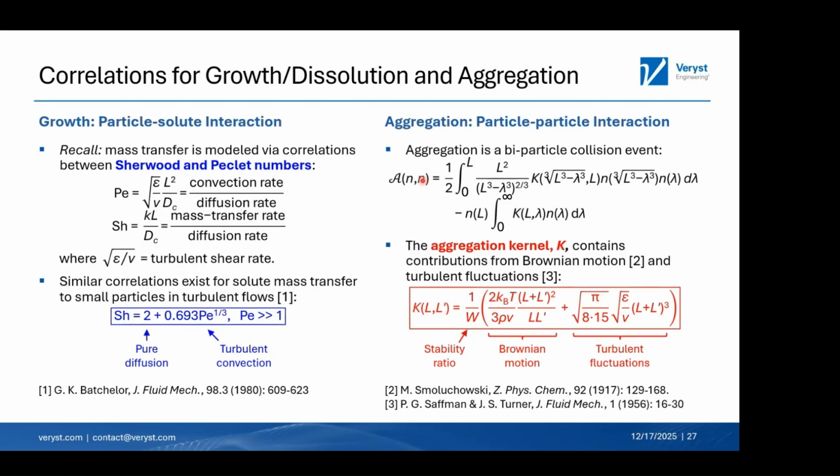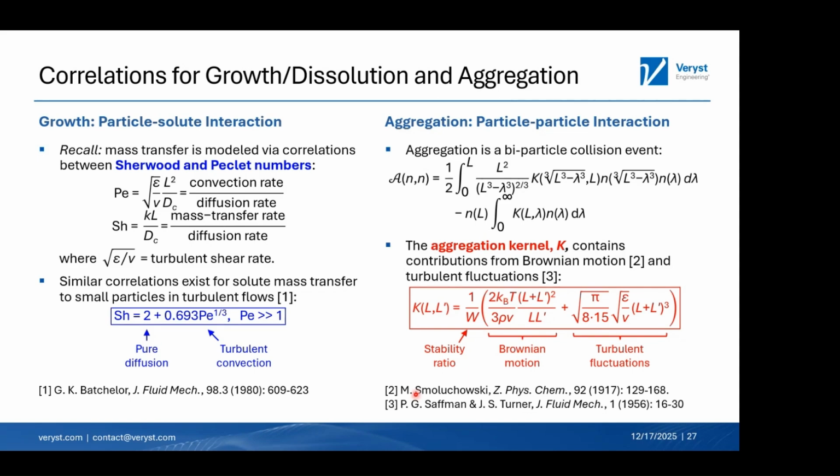On the right, I'm showing aggregation. Aggregation is a biparticle collision event, right? So the question to ask is, what is the probability that one particle will find another? That depends on the two-particle probability distribution, and that can be mapped out at the microscale under different conditions. The seminal work on this topic was first done by Smoluchowski for the case of fluctuating particles in a stagnant fluid.